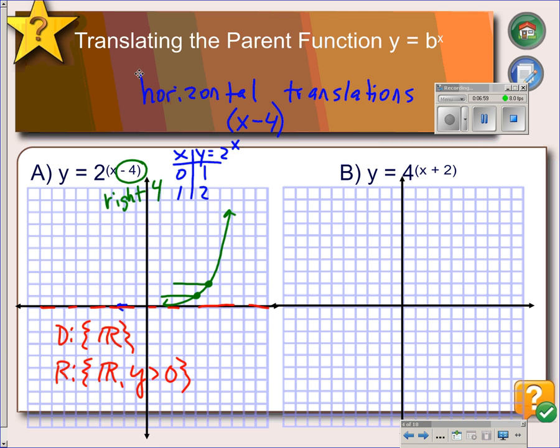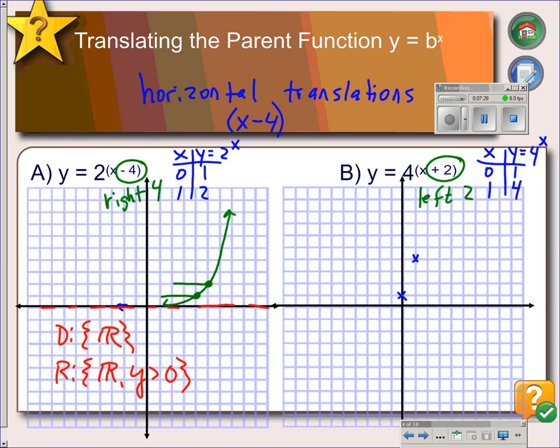In this next example, we have the parent function using 0 and 1. We're going to have 4 to the x power. So 4 to the 0 is 1. 4 to the first is 4. So our parent function is going to start at 0, 1 and 1, 4. The +2 on this tells us that each of these points are going to go left 2 units.